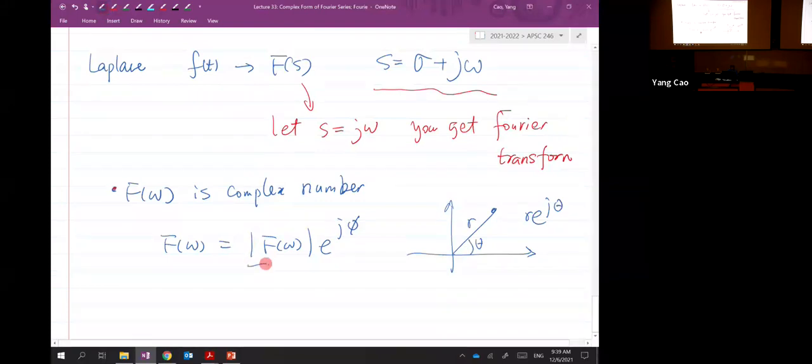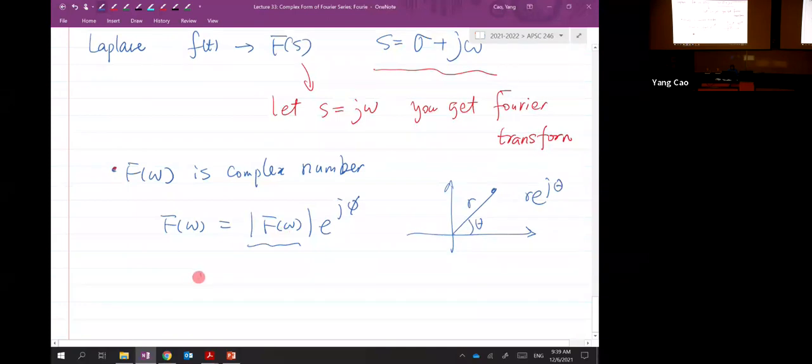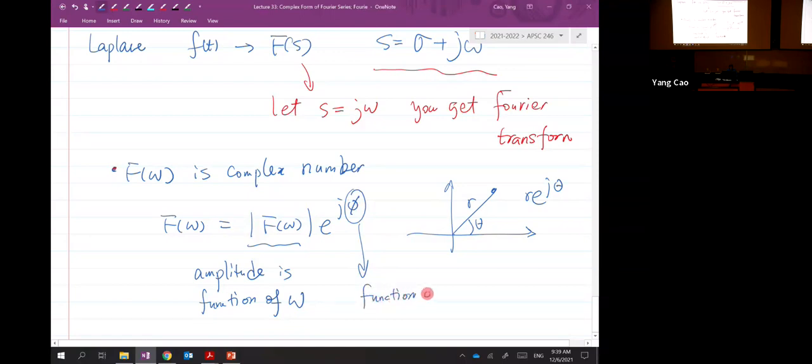So in this case, what we will see is the amplitude is a function of omega, and the phase, technically, is also a function of omega, or frequency.